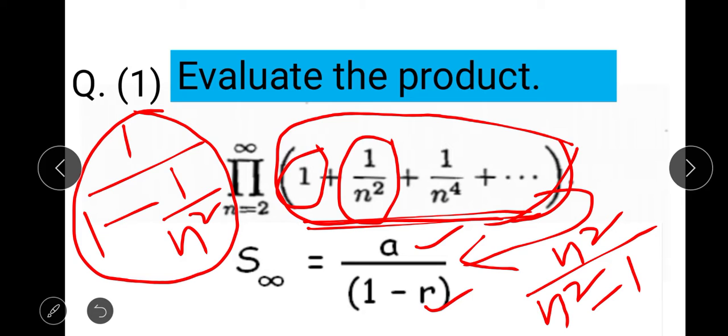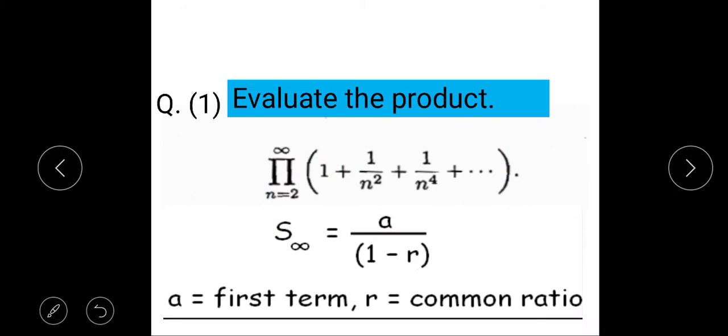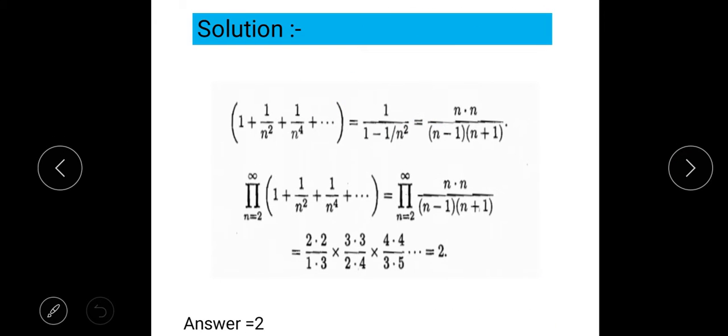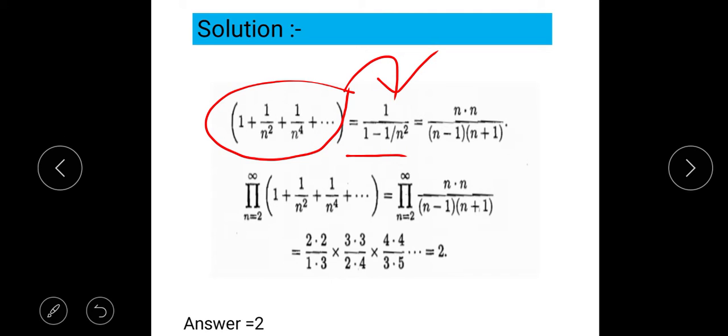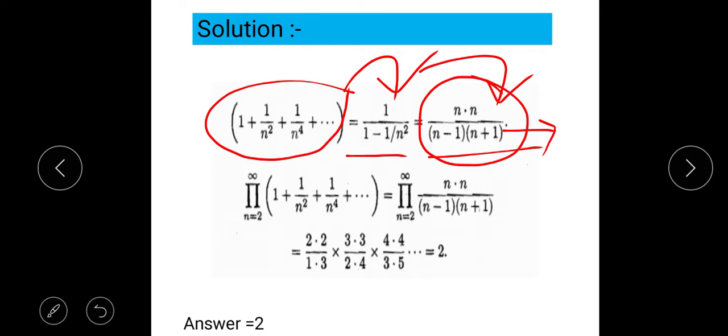Okay, now let's see the solution. So here is the geometric series. After applying the formula you will get this, and as I told you before, this will be the expression, that is n square upon n square minus 1, and this is nothing but n minus 1 multiplied by n plus 1.